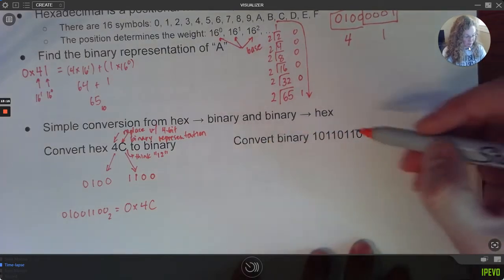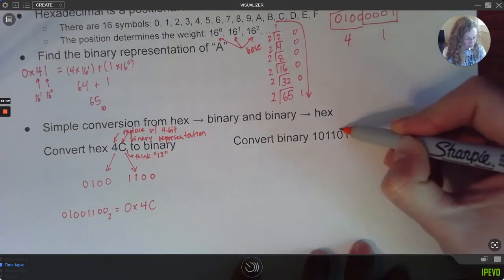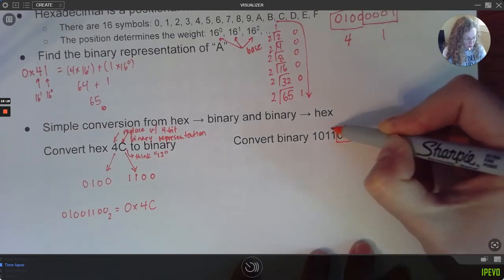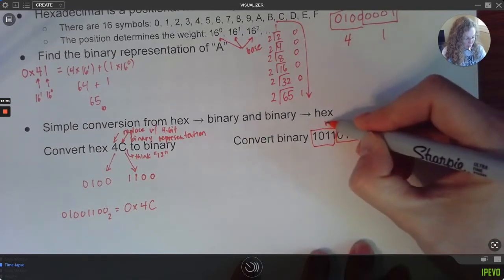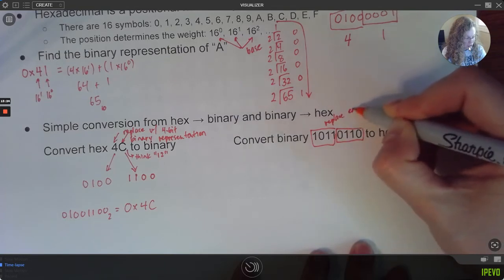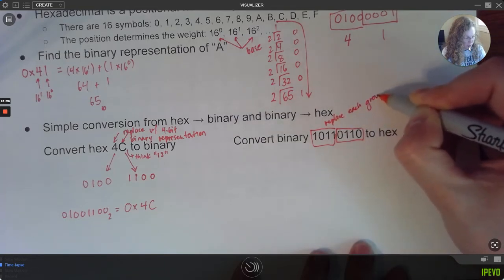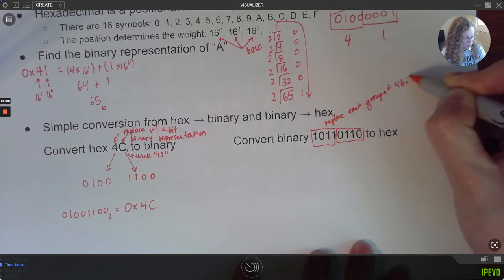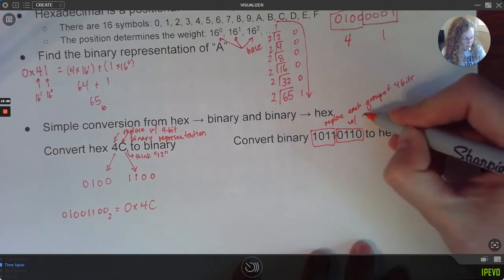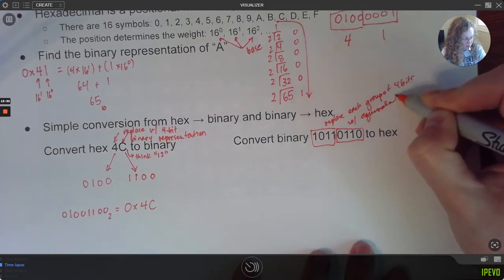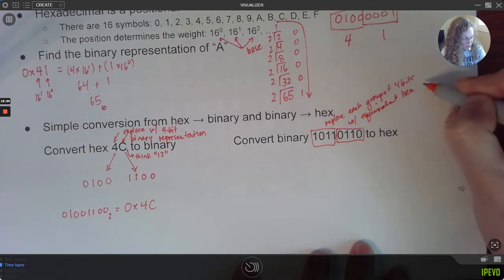So to convert from binary to hex, you would just take and divide your number into groups of 4, and then replace each group of 4 bits with the equivalent hexadecimal digit.